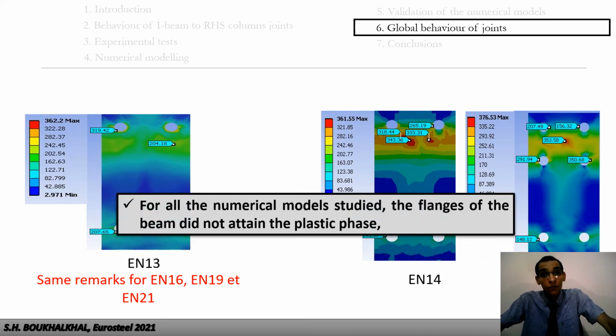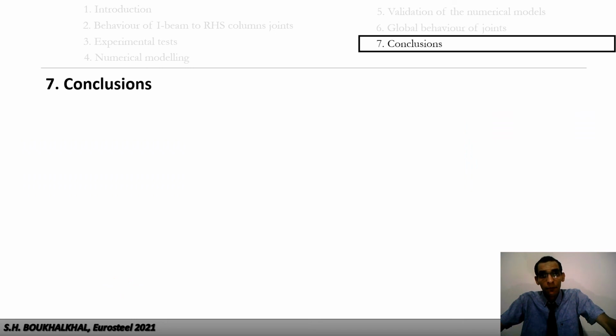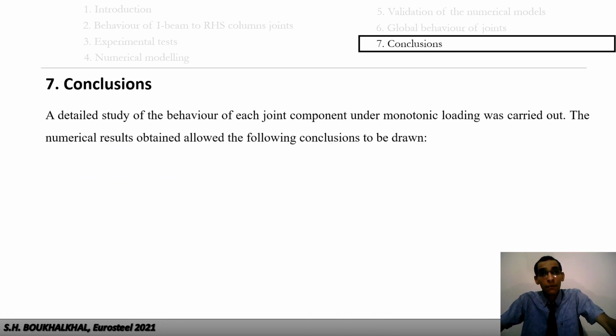In addition, for all the numerical models studied, the flanges of the beam did not attain the plastic phase. We carried out a detailed study of the behavior of each joint component under monotonic loading.